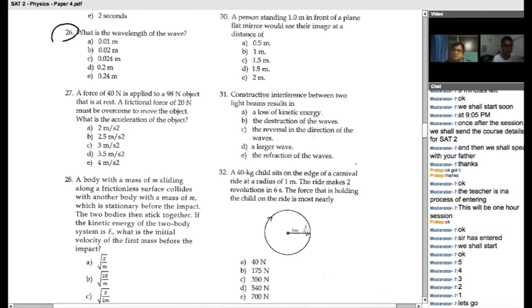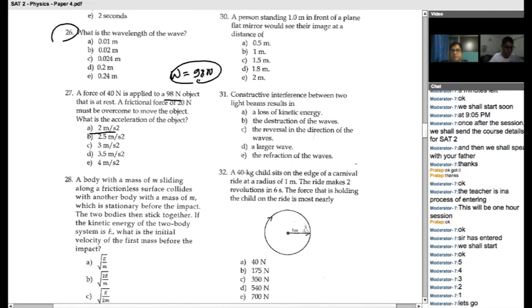They haven't given the mass, but the weight of the object is 98 Newton. Can you calculate the mass?